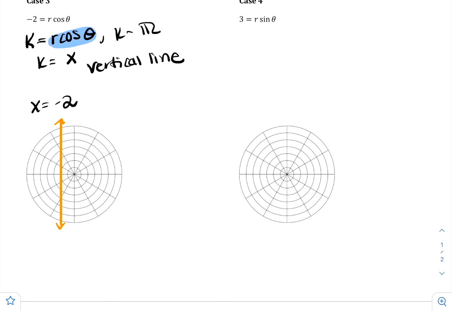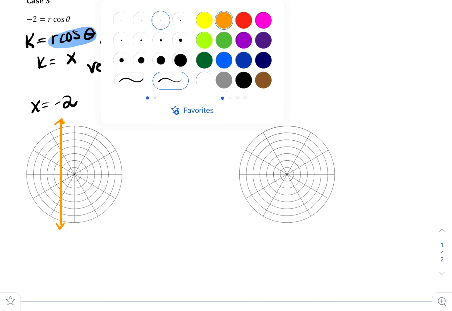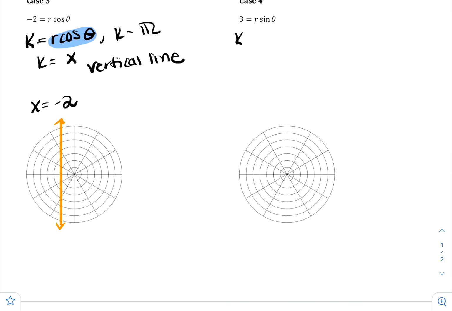Now you might know what case 4 can be. Case 4 is going to be k equal to r sine theta, where again k is any real number. From before, r sine theta in rectangular is y, so this is k equals y, and that's a horizontal line.